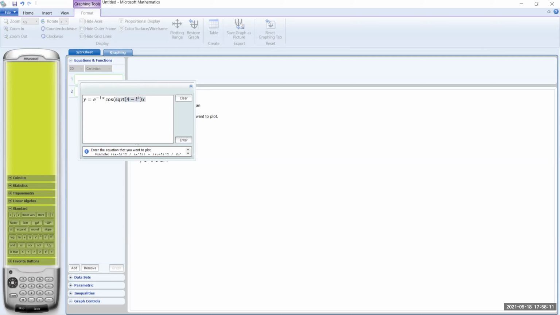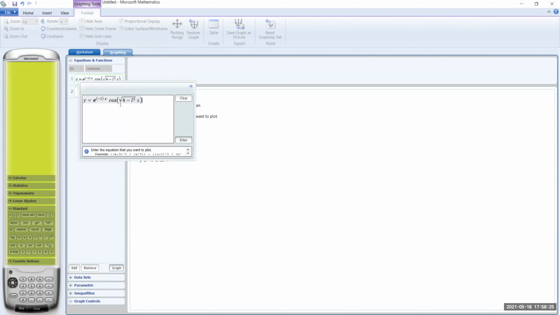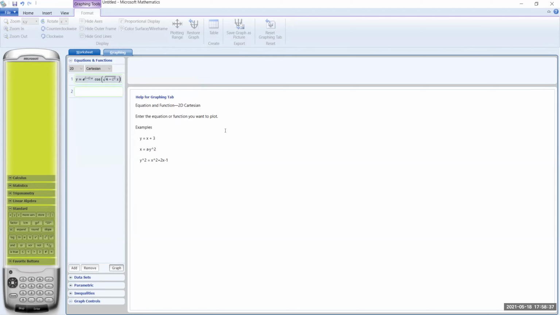And this whole thing, close the parentheses, and let's enter this function. So I chose the phase phi to be 0, okay? And this is how the function looks now. So obviously I have to take care of this exponential in here. Let me get rid of this extra x and make sure that I'm doing multiplication in here, so that there is no epsilon. Okay, that's how it likes it.